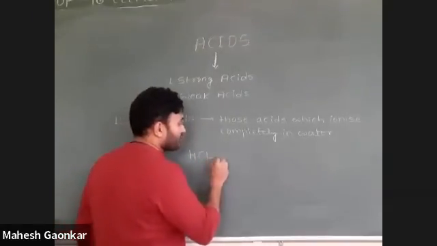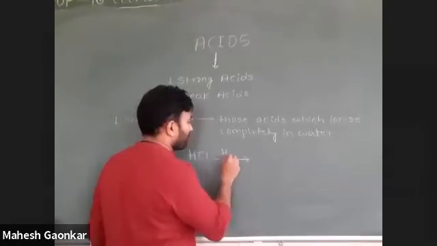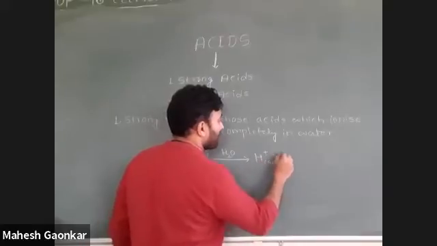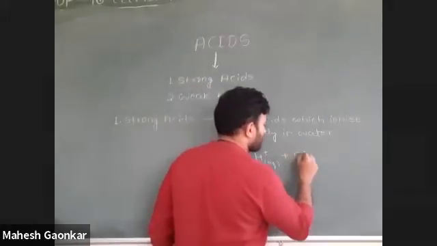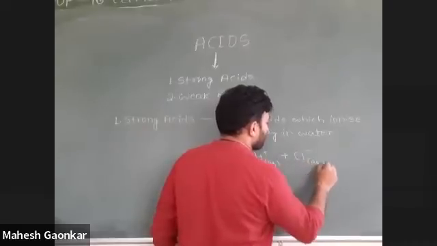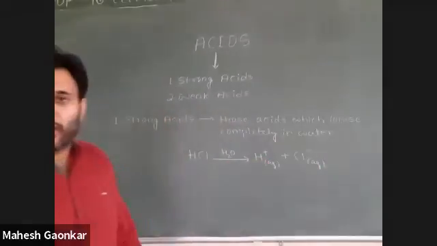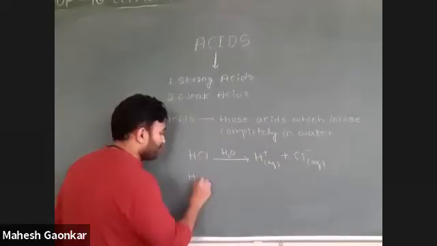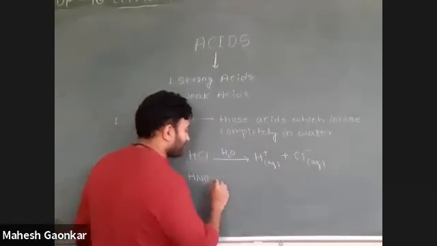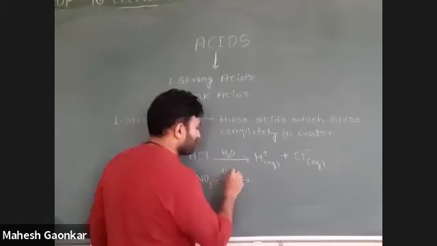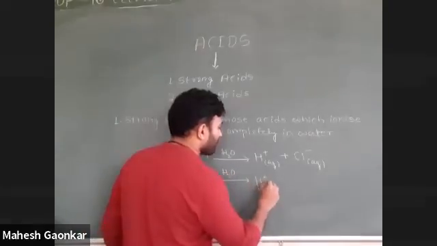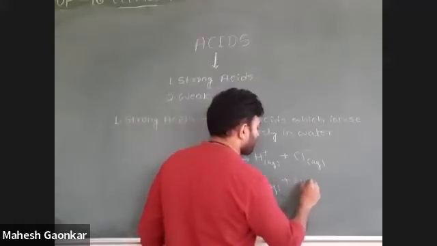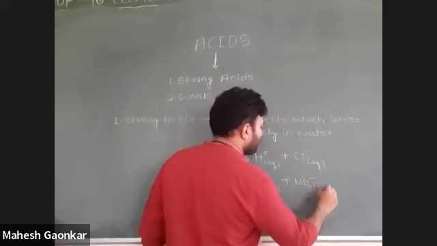When you dissolve HCl in water, it dissociates completely into H plus and Cl minus. HNO3, nitric acid, also dissociates completely into H plus and NO3 minus.